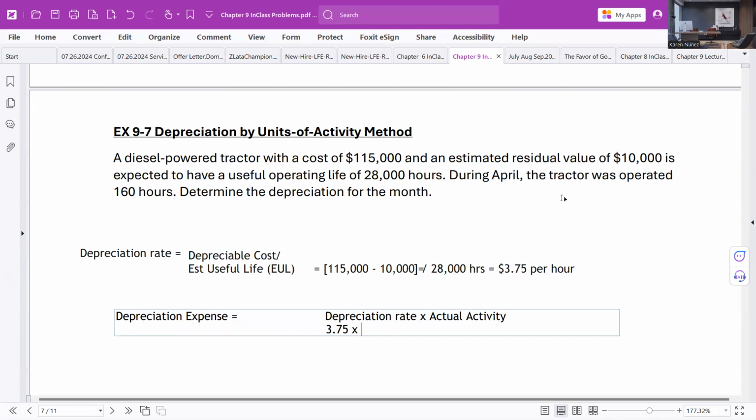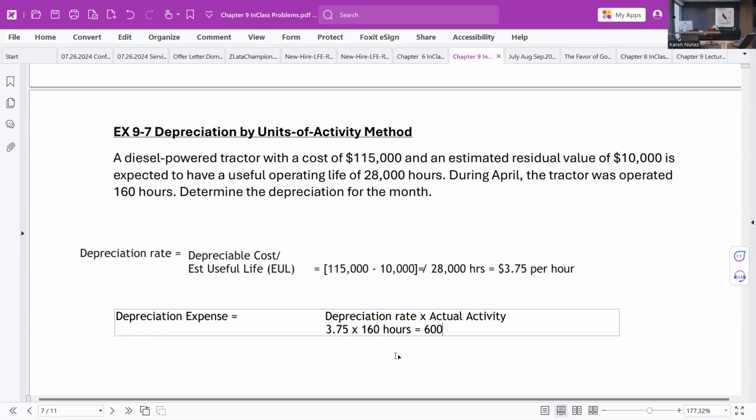So actual activity, they only operated the tractor 160 hours. Which means we have actual depreciation, in this case, of $600, right? That's the depreciation expense using the units of activity method. Two-step method, find the rate, and use the rate.